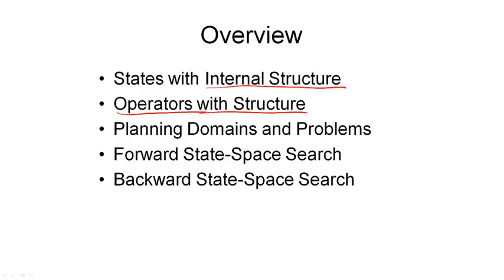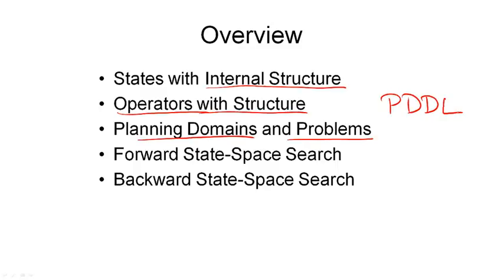Based on this, we can define STRIPS planning domains, which are simply sets of operators, and we can define STRIPS planning problems, consisting of a domain, an initial state, and a goal description. And all this we've learned together with a new syntax, the PDDL syntax, for describing planning domains and problems. PDDL is probably the most commonly understood language by planners today.